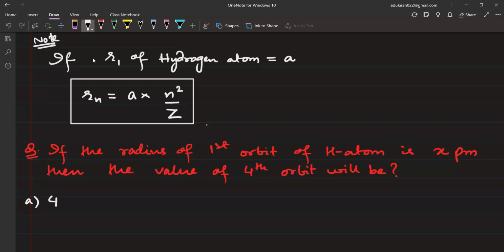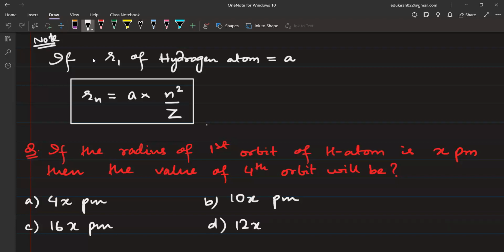Option A, 4x picometer. If you know the answer, you will give the answer in the Zoom chat. Please don't say it out loud. 10x picometer, 16x picometer, 12x picometer. फोर्थ ऑर्बिट ऑफ हाइड्रोजन एटम होंगे, है ना? चलिए इसमें प्लग इन करके आप लोग ऐसे करें. बहुत छोटी छोटी चीजें हैं, लेकिन आप लोग रेडियस ऑर्बिट और ये सब देख के थोड़ा डर जाते हैं. आराम से वैल्यू इसको प्लग इन करेंगे, आराम से आंसर आ जाएगा.